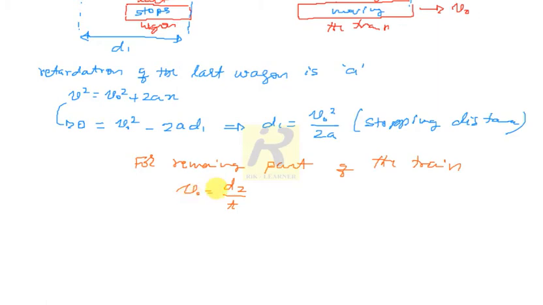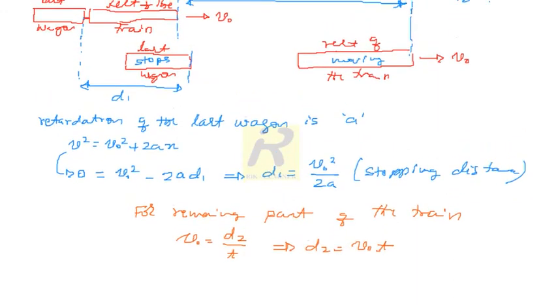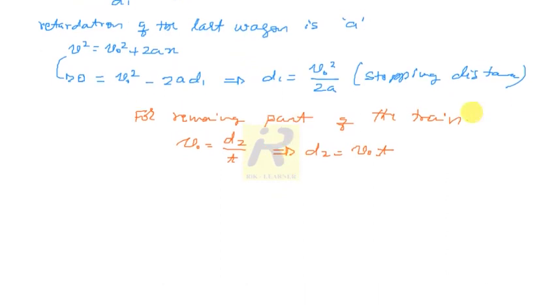Otherwise, I simply write d2 equals v0 into t. We cannot do anything for v0. v0 is the given value of the initial speed, the constant speed of the moving train. Therefore, some hint should be obtained for this t from what we already achieved.